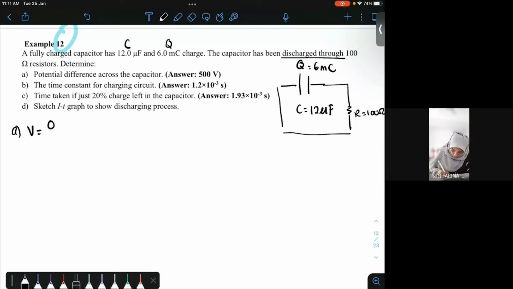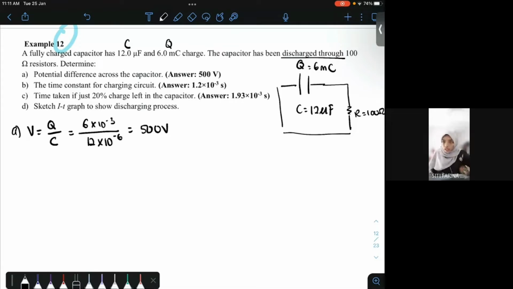V is equal to Q over C. Q is 6 milli, which is 10 to the power negative 3. Capacitance is 12 microfarad, micro is negative 6. Press the calculator and you will get 500 volts.